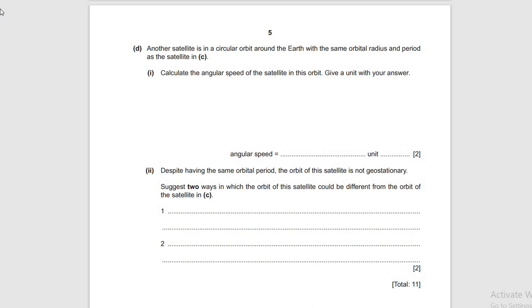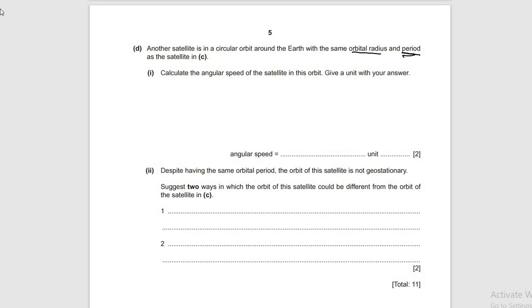Another satellite is in circular orbit around the Earth. Now, we have another satellite around the Earth with the same radius and the same period, which means the satellite is also rotating around the Earth for 24 hours. The distance between the Earth and that satellite is the same as the first one.